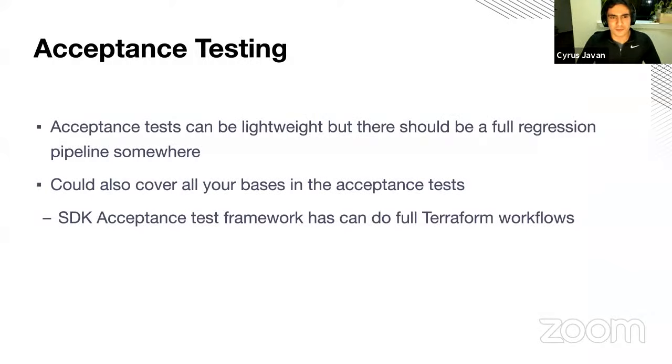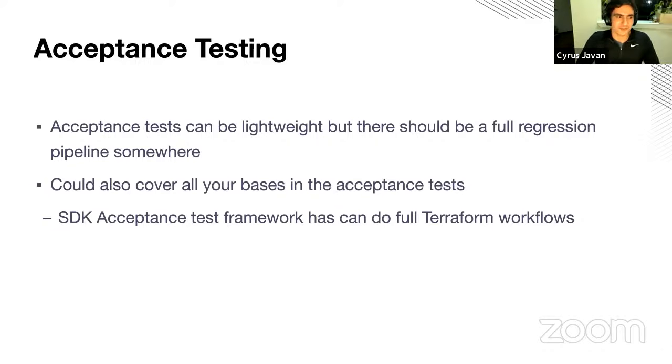And so, keeping going with our toolkit from the SDK, the next is the acceptance testing framework that the Terraform SDK offers us. The acceptance test framework really allows us to have as complicated tests as we would like. So in your Terraform provider, you can either have some really lightweight testing, or you could have some sort of full regression pipeline of user workflows and exactly how they're going to use the resources.